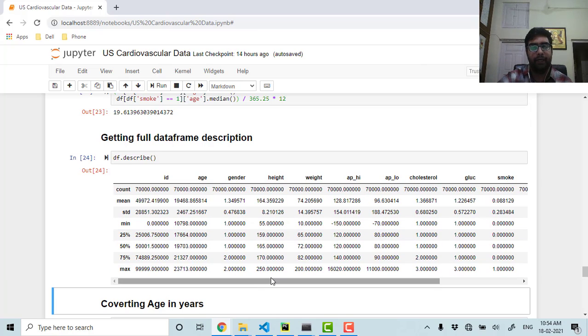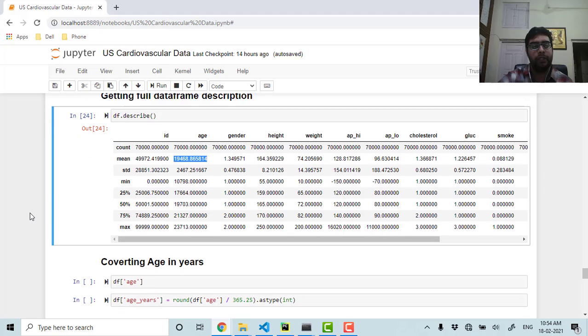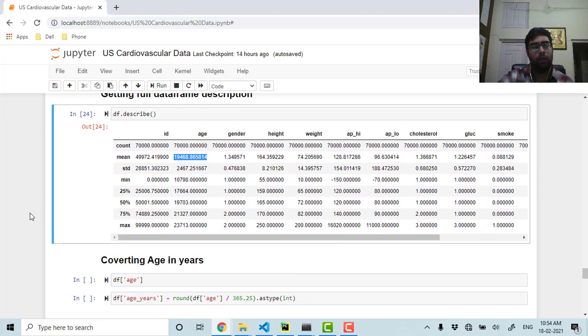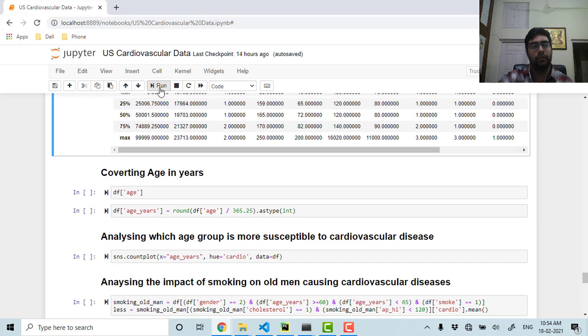So we can see that in age we have a mean of around 20,000 days. Let's first convert these days into years, because calculating and analyzing in years is easier than analyzing in days.